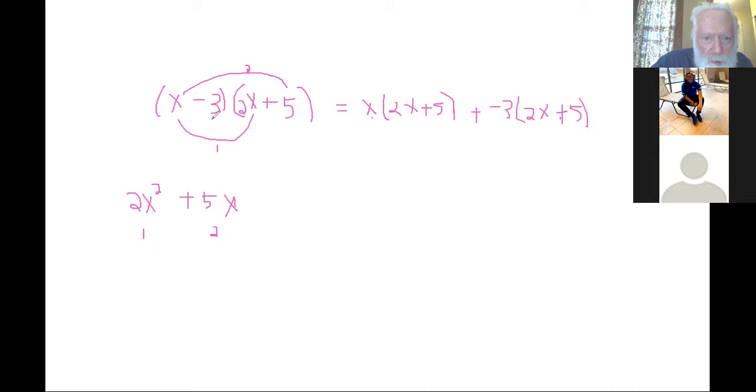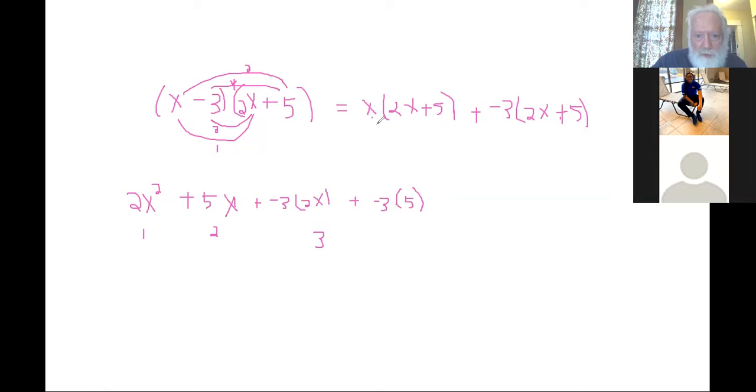And I'll do the same thing with the 3. I'll do minus 3 times 2x. Okay. And then minus 3 times 5. So this is going to be 3. And that's the 4. So you're always going to get 4 terms when you do that. And the 4th term is minus 3 times 5.